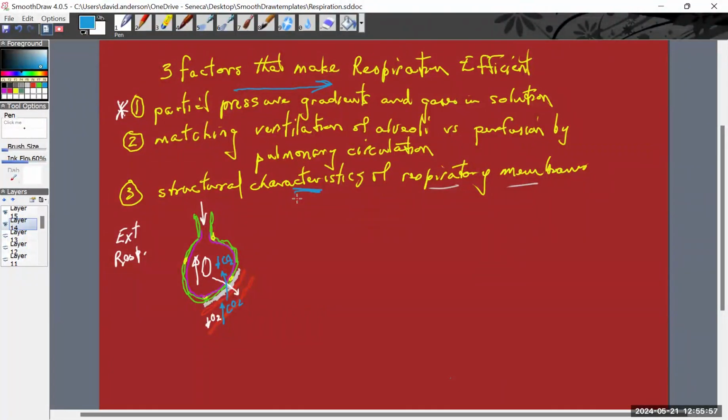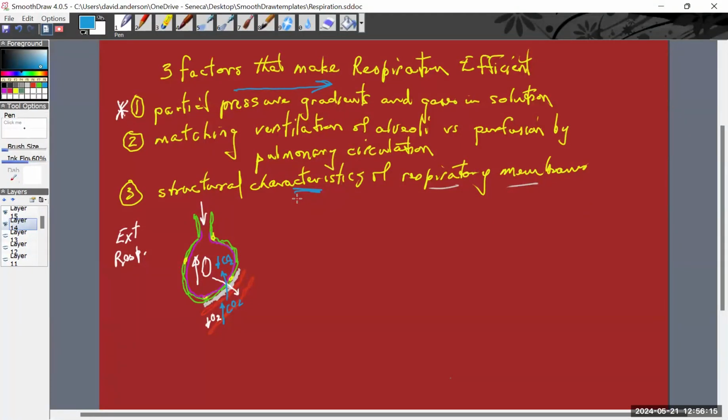I'm going to show you another picture and I'm going to draw this in more than one way. But the idea is, first of all, do you see where we get the high concentration of oxygen? Because we just breathe it in. So you understand where the high oxygen is.